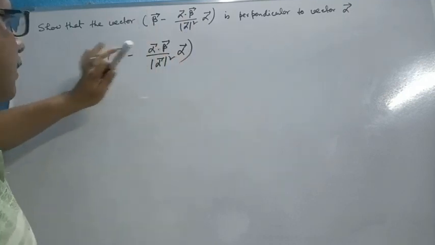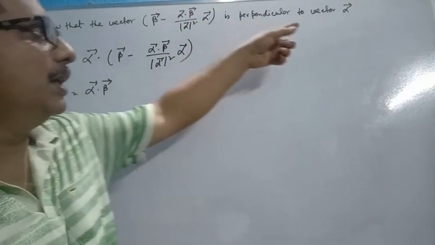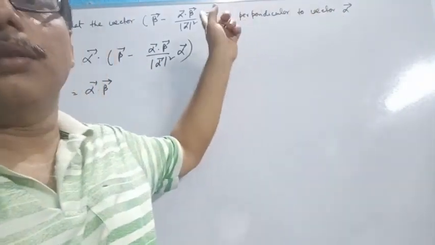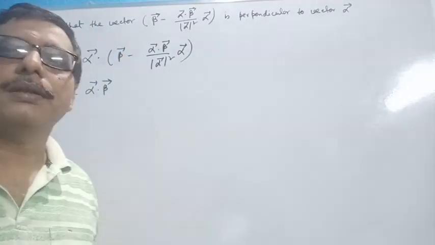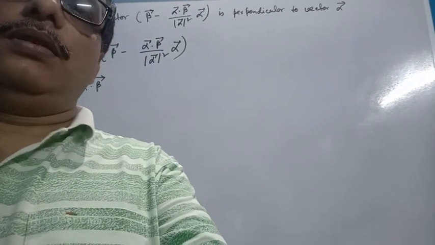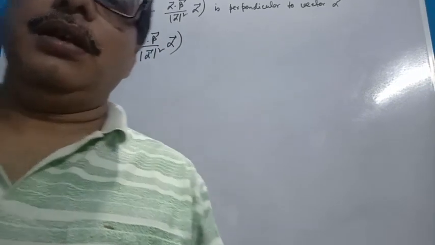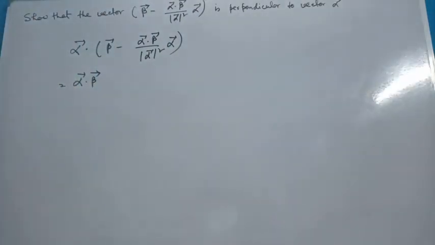Now if we show that the dot product of these two vectors is 0, then we can conclude these two vectors are perpendicular to each other.